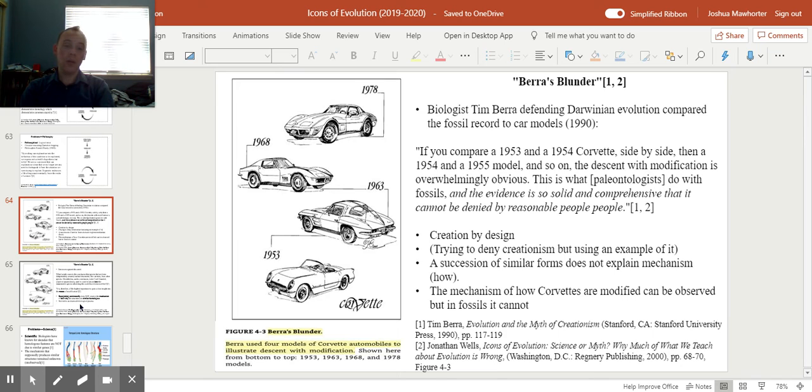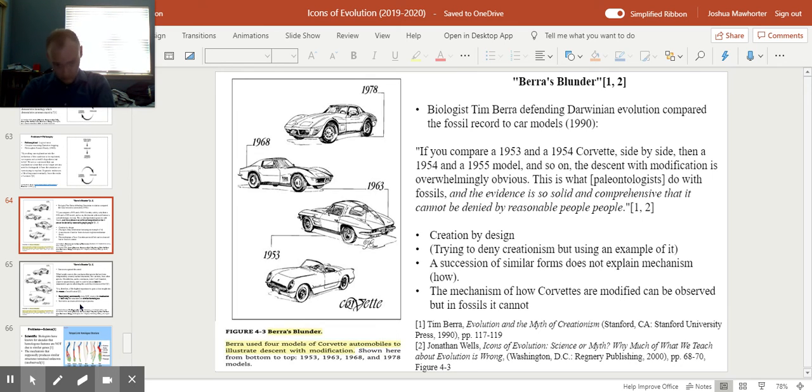Tim Barra wrote a book called Evolution and the Myth of Creationism. Biologist Tim Barra, defending Darwinian evolution, compared the fossil record to car models. On the left here is his drawing, his example. He used car models to describe this.